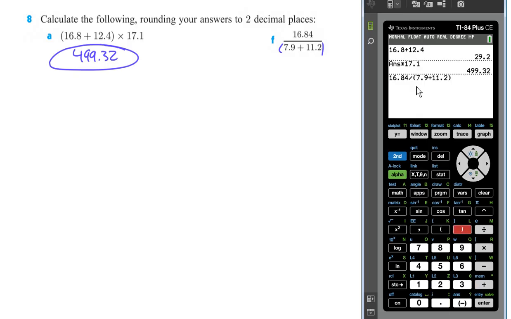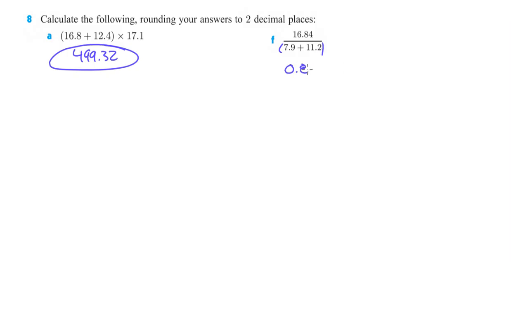Another way to do that is just do 7.9 plus 11.2 first and then take 16.84 divided by that. But this way I can put it all in the calculator at the same time. We get 0.88167. So the 2 decimal places is 0.88 for that one. All right? Okay, next one.